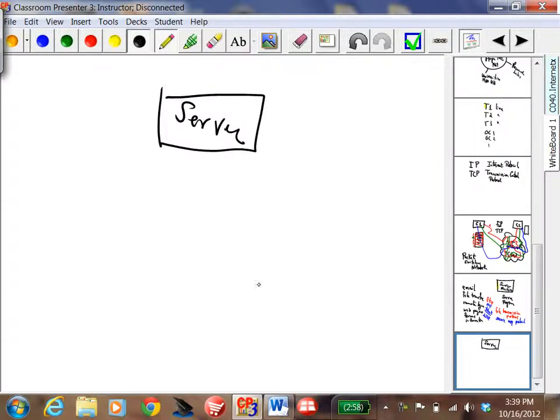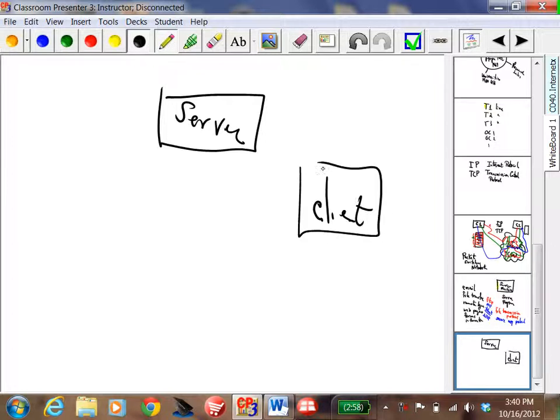So here you'll have a client, and the client contacts the server saying, I would like some service, okay? And the way the client contacts the server is it basically sends the server one of its URLs, okay?